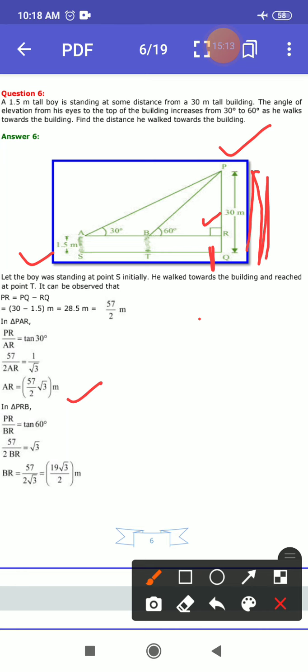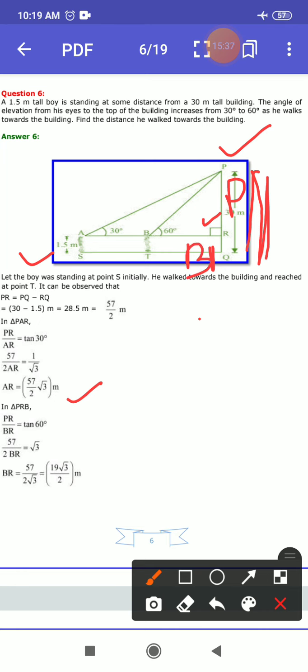Then after you have to use this triangle. OK, so the triangle is PBR. So in this triangle PBR, you very well know angle R is a right angle, so you have to use the tan theta, sin theta properties. So we have to use here the tan theta because the relation is made with the perpendicular and base, so that relation is tan theta.